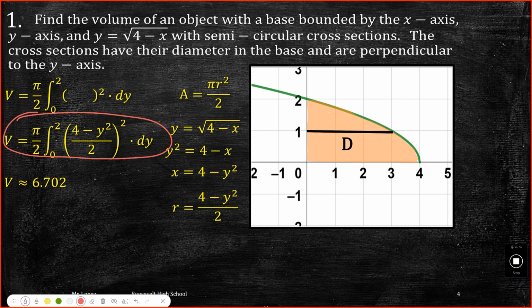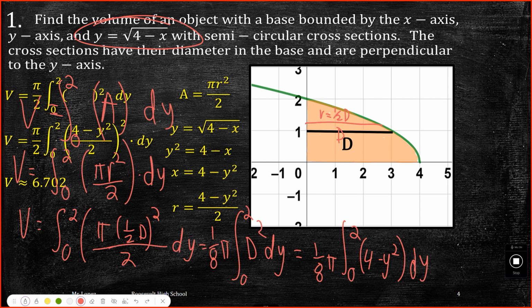Look, because this is going to be 2 squared, 1/4, no? You take this 1/4 out, it'll be pi over 8. Is that what I had? Yeah, pi over 8, and then I left this as 4 minus. Oh, hold on. It's supposed to be squared here. 4 minus y squared.